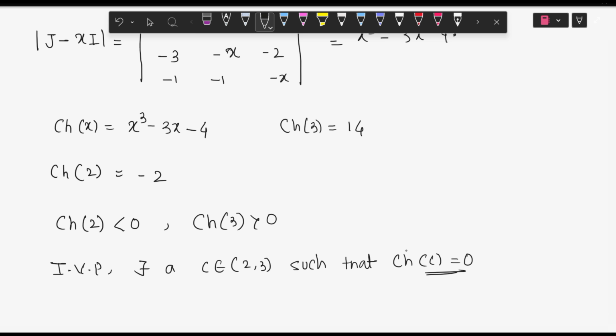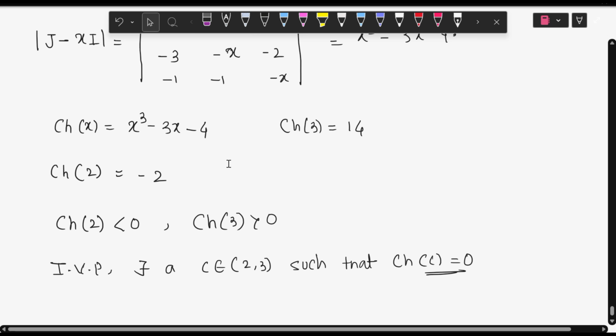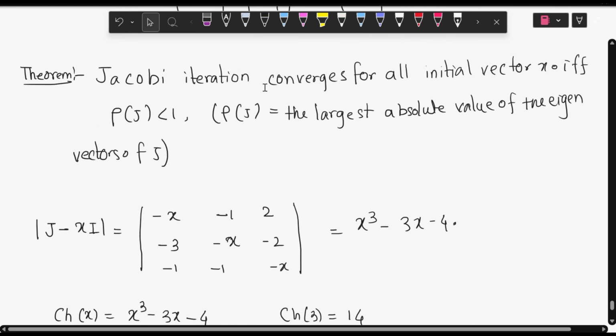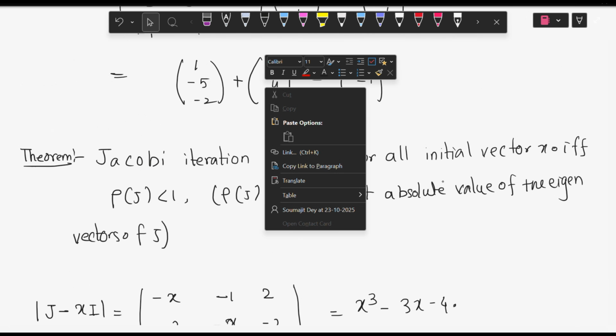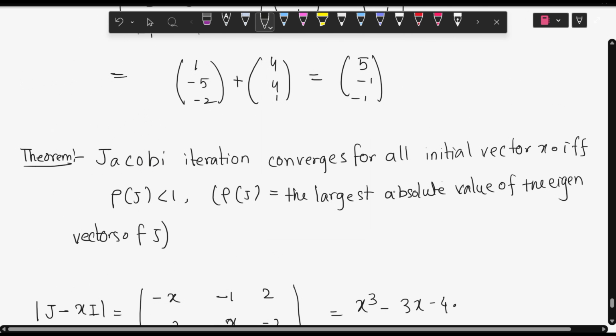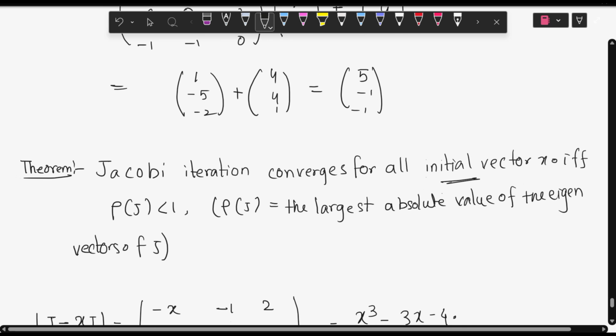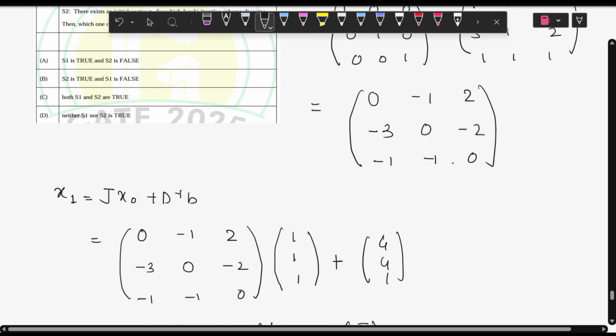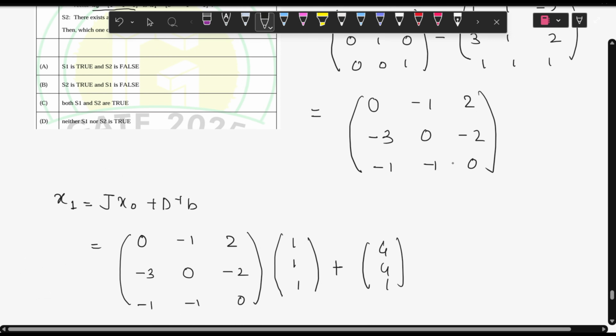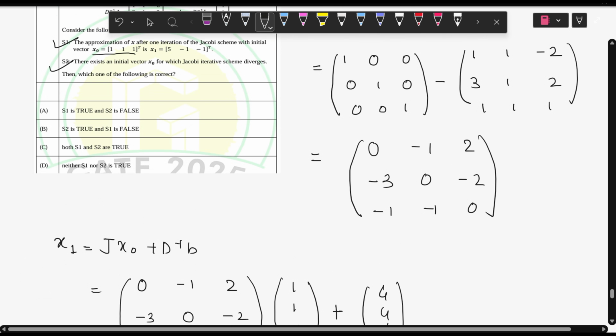So we get an eigenvalue bigger than 2 and less than 3, so J has an eigenvalue greater than 1. By the contrapositive of the theorem, there exists an initial vector x0 for which this Jacobi scheme diverges. So both 1 and 2 are true. So thank you everyone.